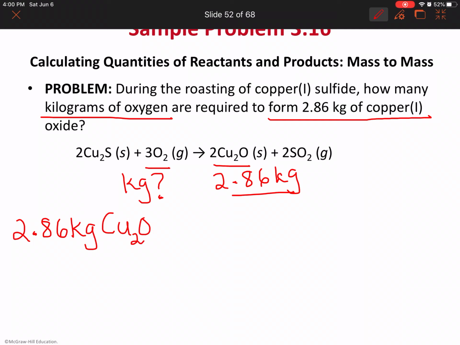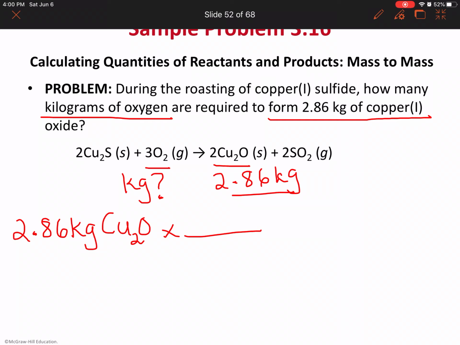And we can convert this into grams. Since we are asked for kilograms of oxygen, we don't need to convert it to grams. We can do it with or without.